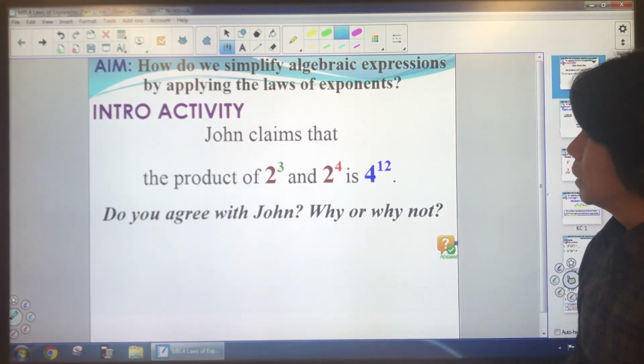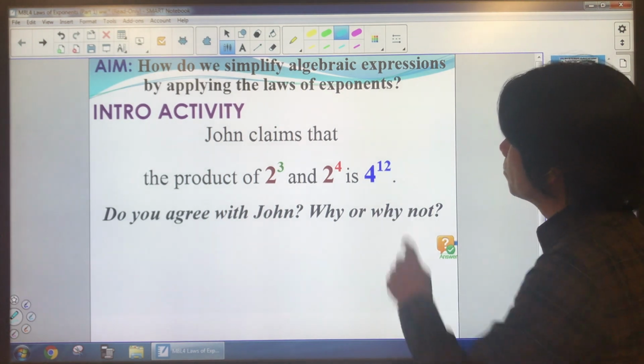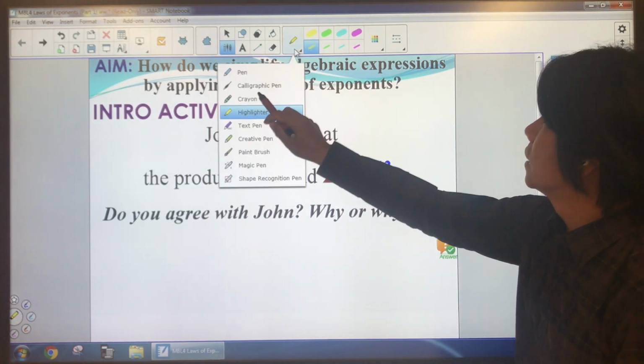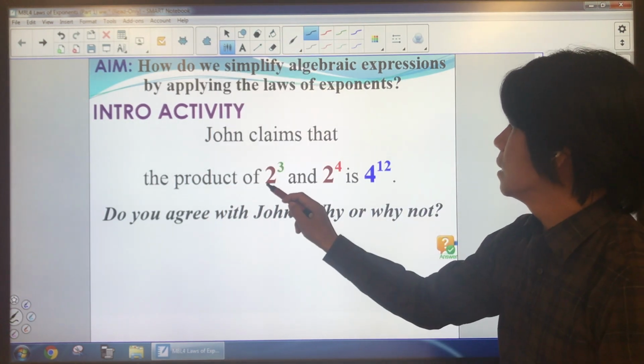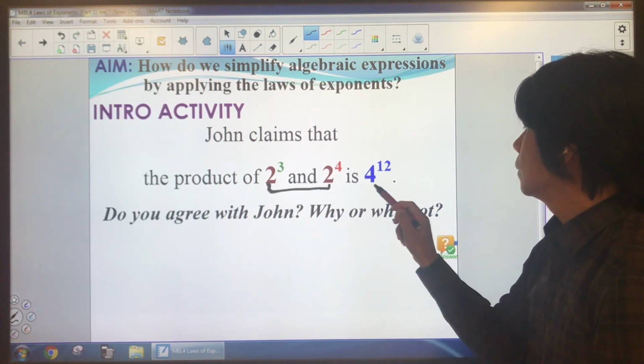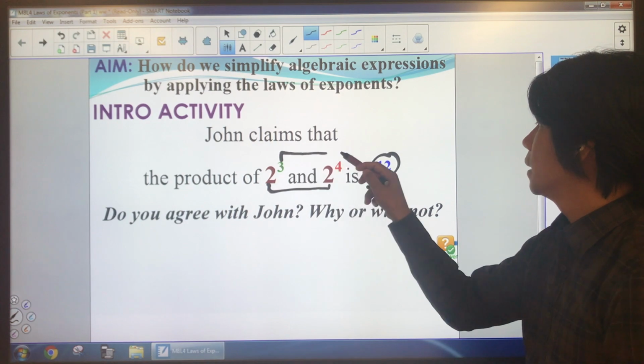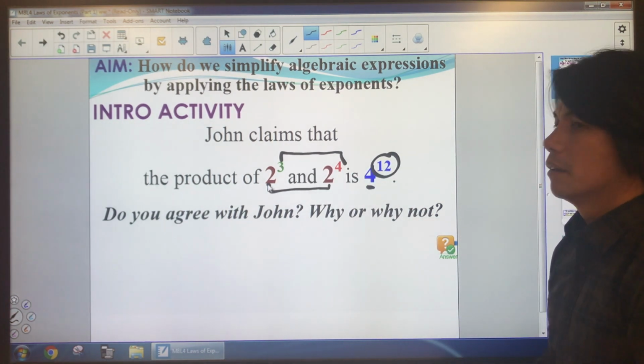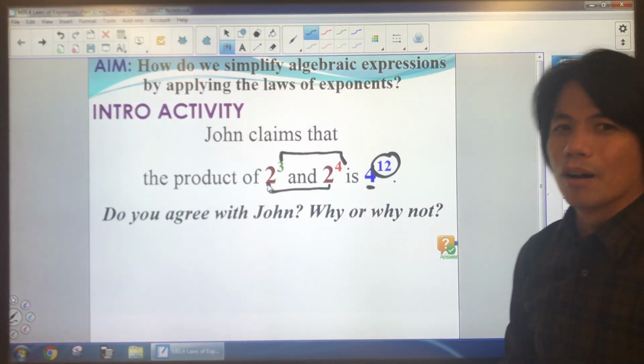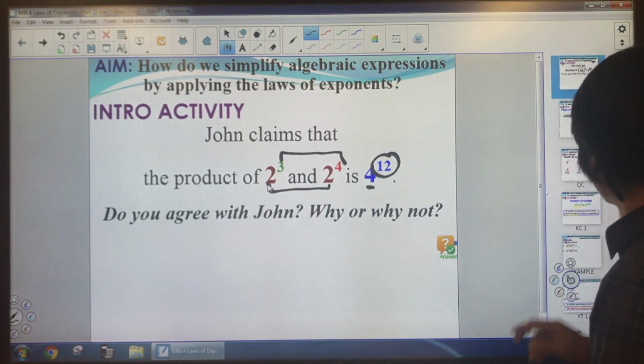Definitely not. But where did he get this 4 from? I guess what he did is he multiplied 2 and 2 to get 4. How about the 12? He also multiplied 3 and 4. Right? Which is wrong.